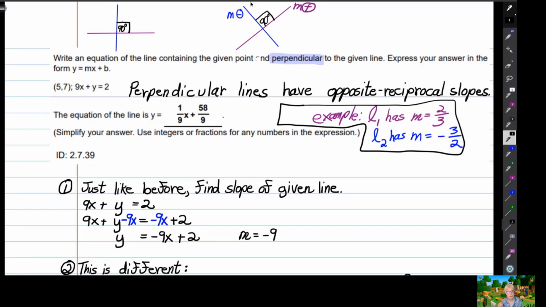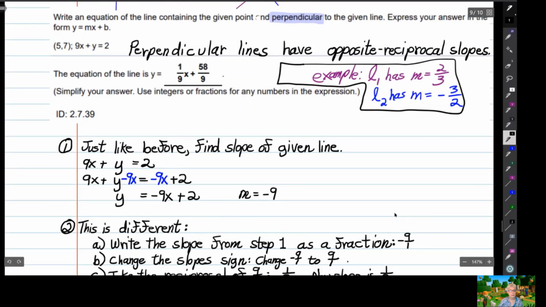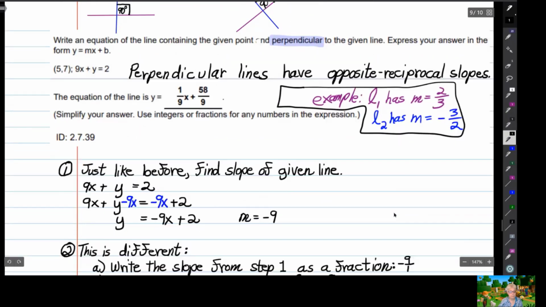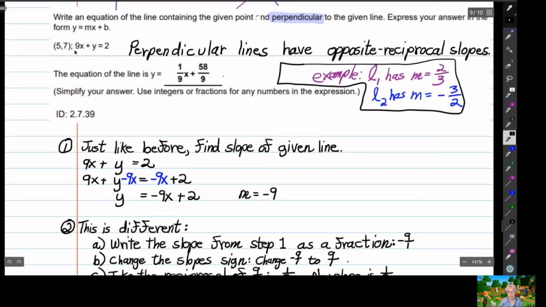Now, we're going to change our 2 steps a little bit to 3 steps, because perpendicular lines are a little more complicated. But just like before, step 1 is finding the slope of the given line. You're old hat at that. So I'll get y by itself by subtracting 9x from both sides.